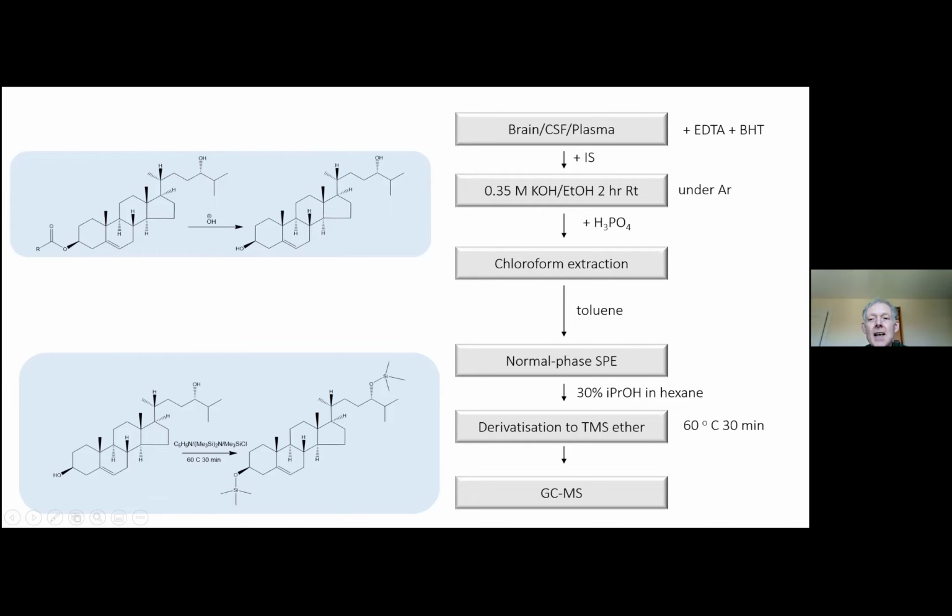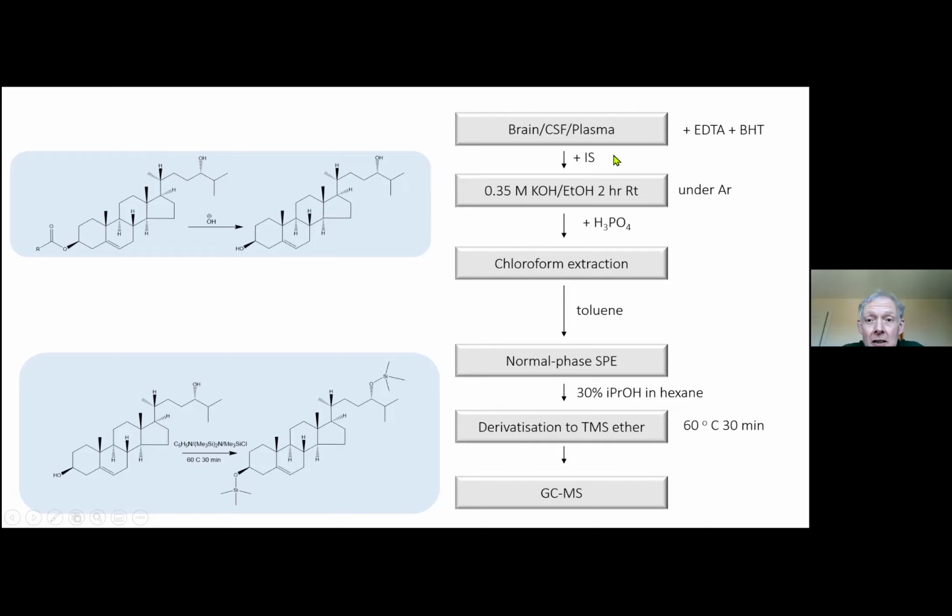The EDTA will chelate any iron present, and that will prevent the Fenton reaction occurring, which results in autooxidation. In their containers, they also have BHT, which will also stop autooxidation, and they immediately add internal standards. So they add deuterated isotope labeled standards.